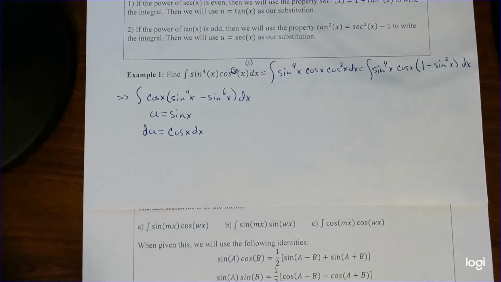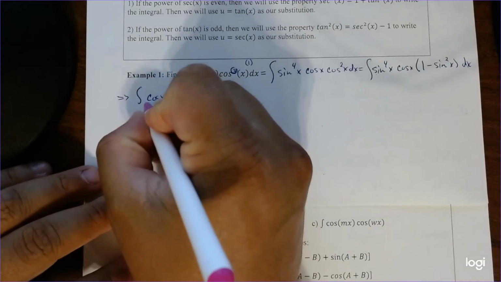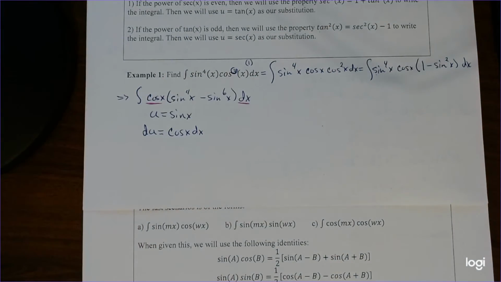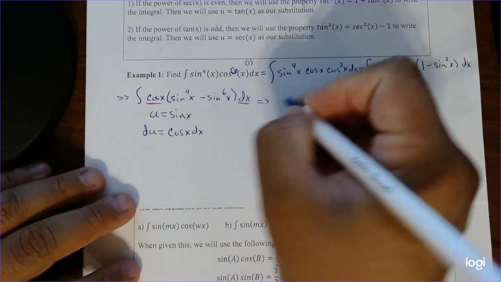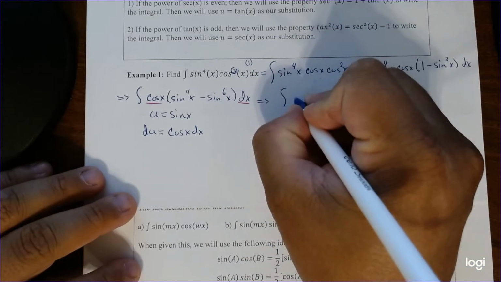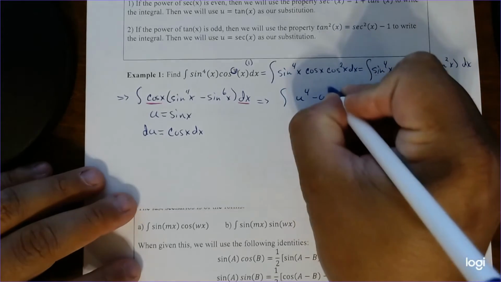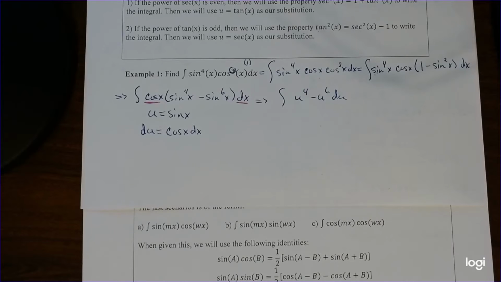And notice, aha, now it makes it much easier, because that's exactly, according to the substitution method, there's your cosine dx. So now if I rewrite this integral, this is now going to become the integral of u to the 4th minus u to the 6th du, which is way easier to integrate, right?